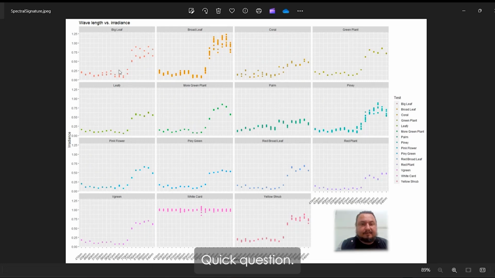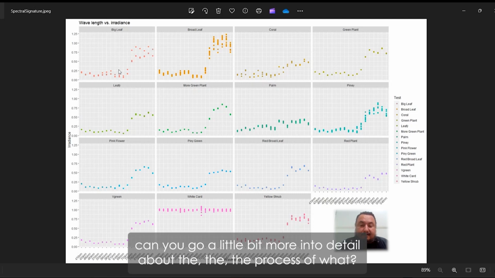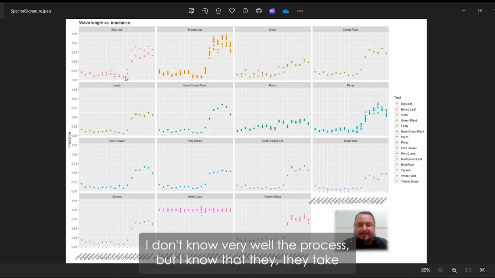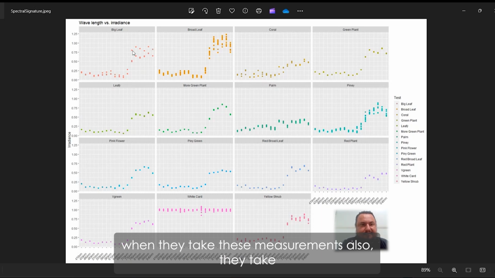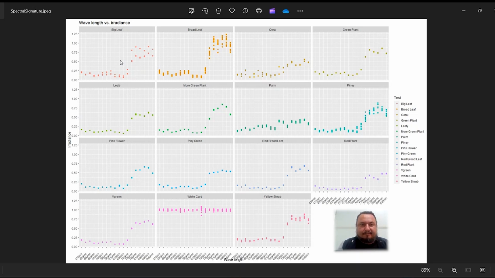Quick question: how did they correct it? Can you go a little bit more into detail about the process of white carding? I don't know the process very well, but I know that when they take this measurement, they also take a measurement of a white surface. I don't know what kind of white surface.